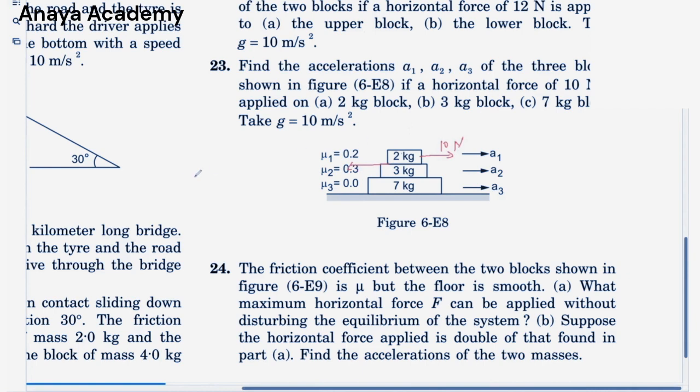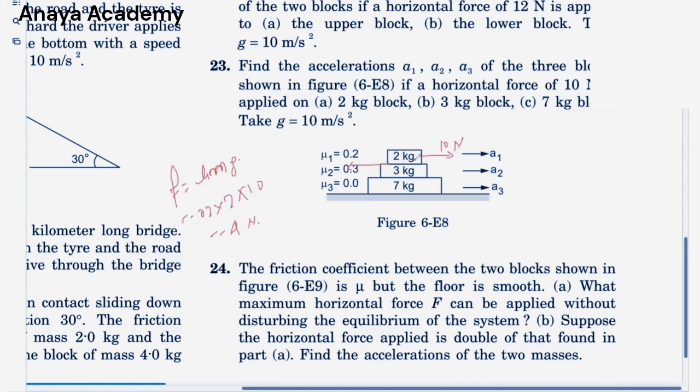From the formula, F equals mu N, that is mu mg. So that will be 0.2 into 2 into 10, so 4 Newton.